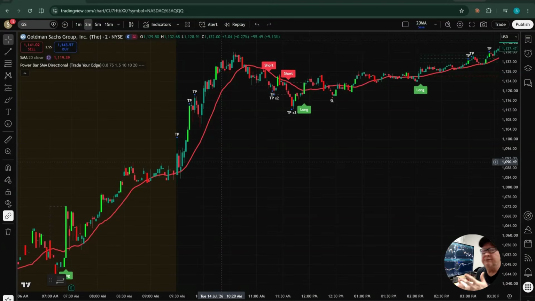It clears support or resistance immediately to the left. It's moving with the anchor line or at a minimum not against it. So I'm fine if the anchor line is flat when the power bar fires.